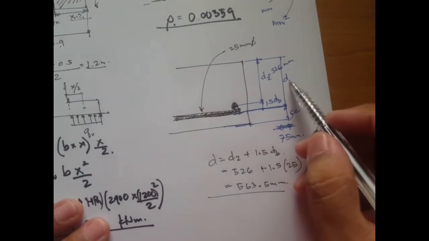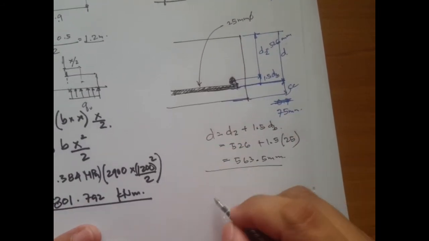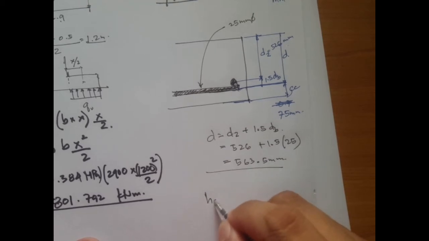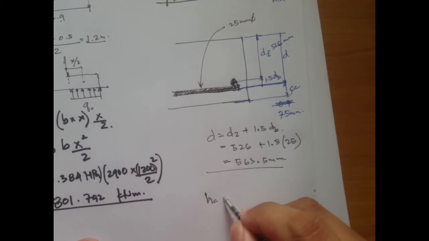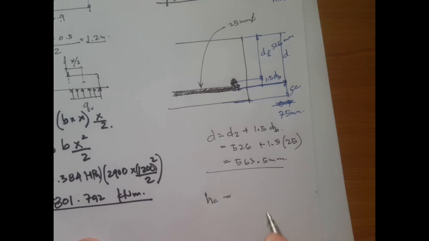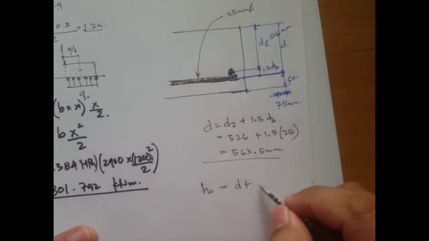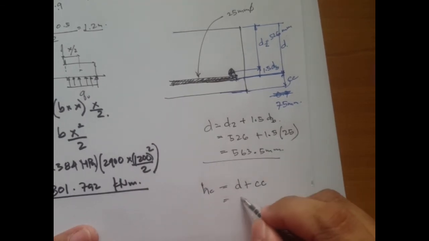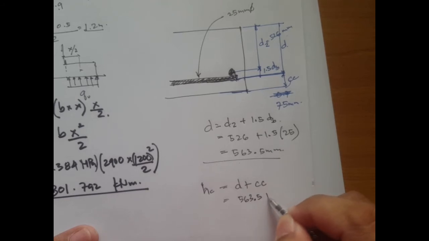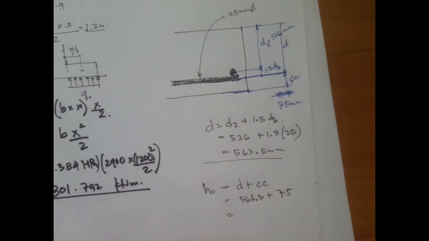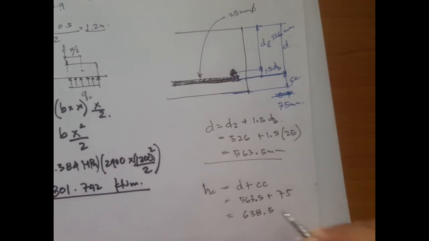So that's our D. Meaning that our HC, or the thickness of the concrete footing, is going to be D plus the concrete cover. If our D is 563.5 plus 75, that's going to be 638.5.